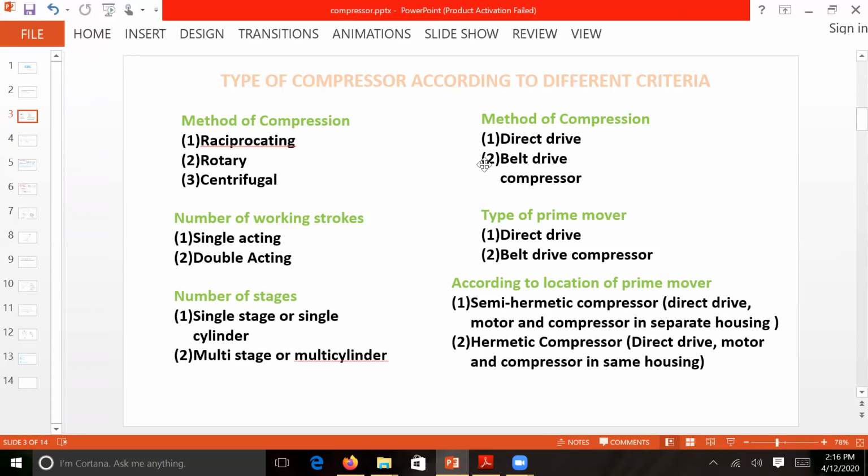Next, this is according to the nature of the prime mover or driving unit of the compressor, so it will be either a direct drive or a belt drive compressor. Number of working strokes, whether single acting or double acting, is related to the reciprocating compressor.